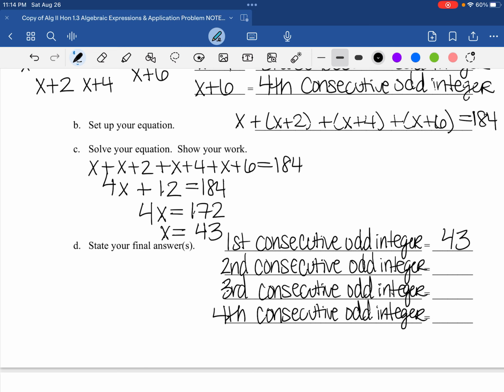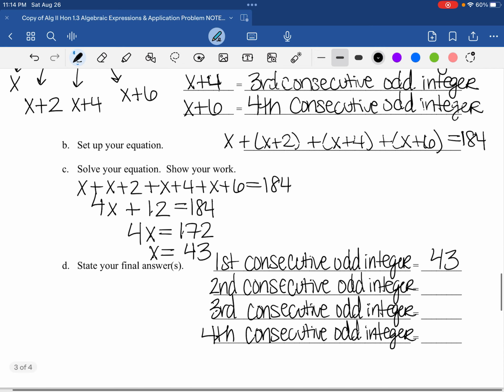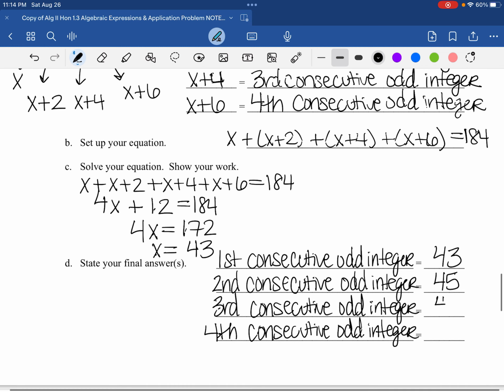Well, when we go back to our scenarios up here, we have x plus 2. So 43 plus 2 would be 45. X plus 4 would be 47. And x plus 6 would be 49.